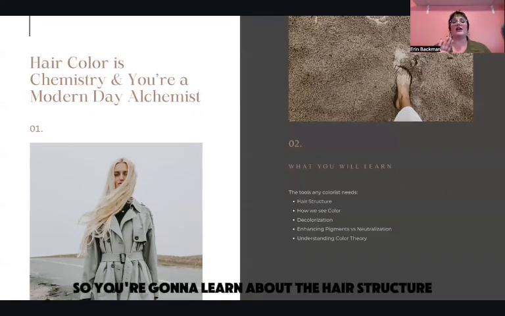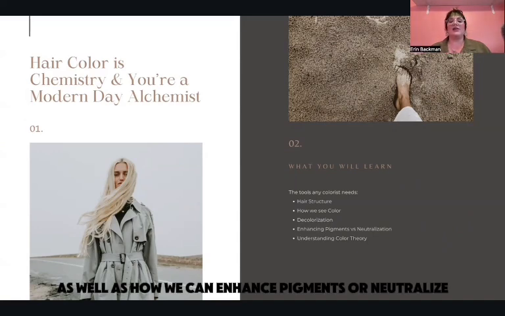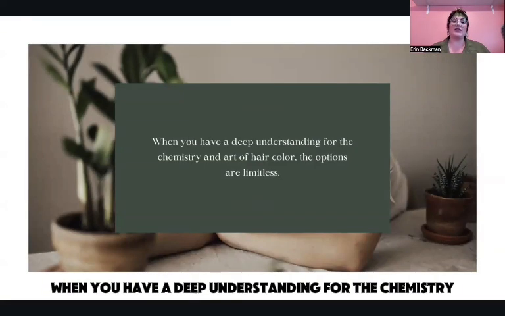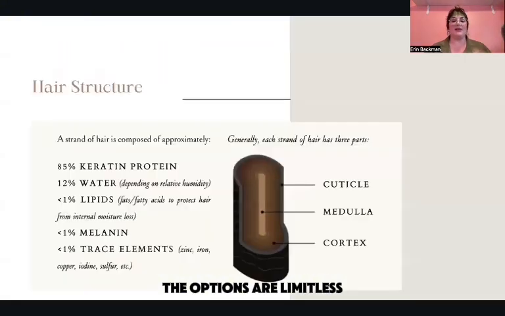You're going to learn about the hair structure, how we see color and how our clients perceive color. We're going to talk about decolorization, as well as how we can enhance pigments or neutralize. And then we'll get a clear understanding of color theory. When you have a deep understanding of the chemistry and the art of hair color, the options are limitless.